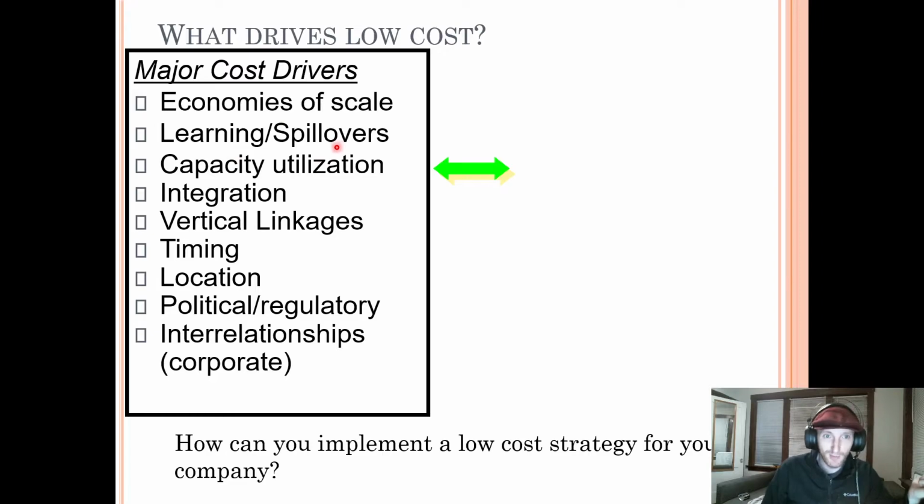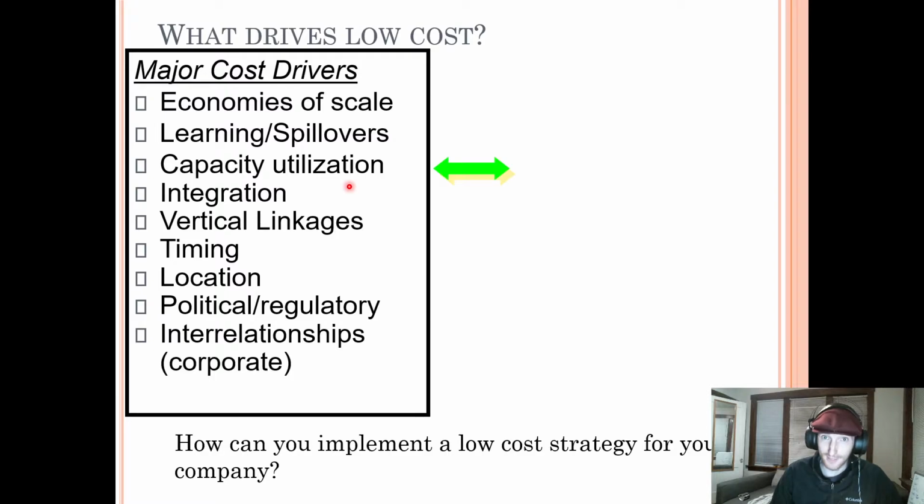So learning and spillovers. So just the knowledge that we acquire over time, our skills that we develop allow us to push costs down. If we utilize more of our capacity, so let's say we have a production facility that allows us to produce like 10,000 shoes a month, we want to effectively utilize as much of that capacity as possible.